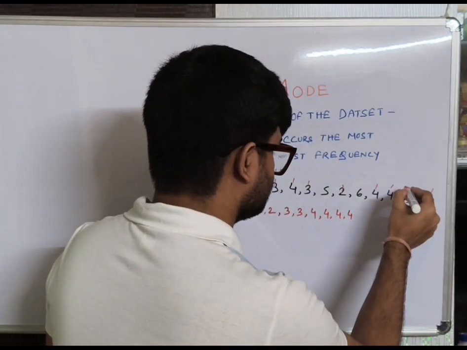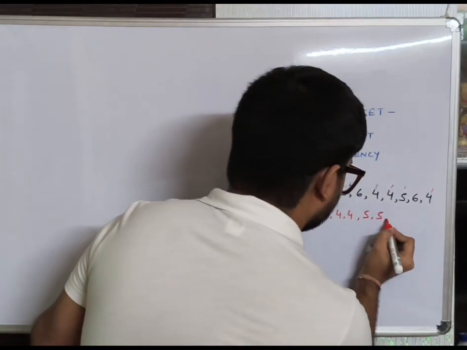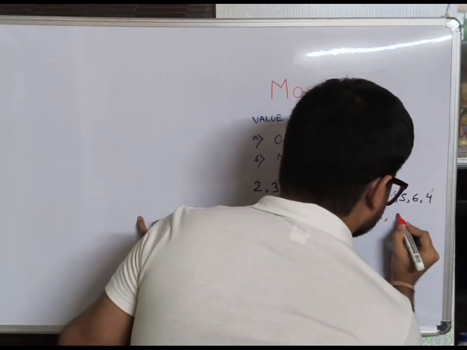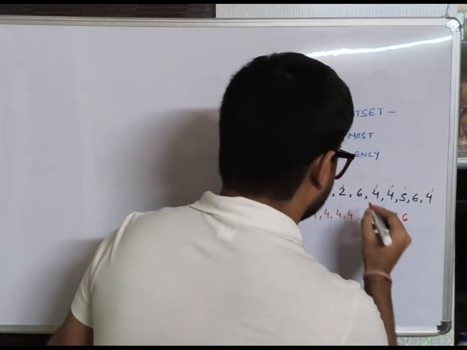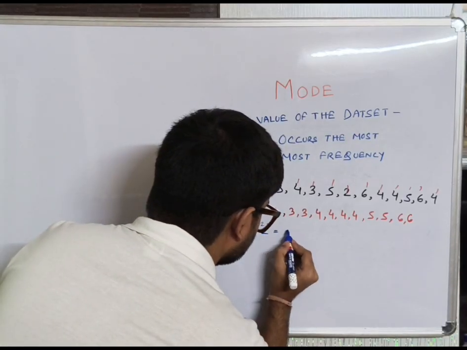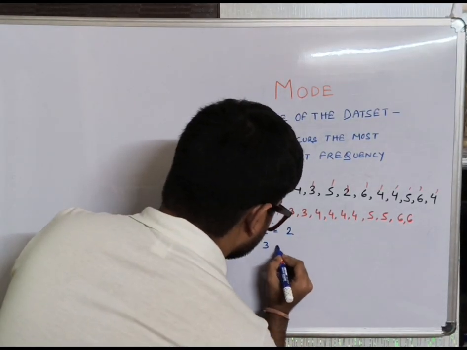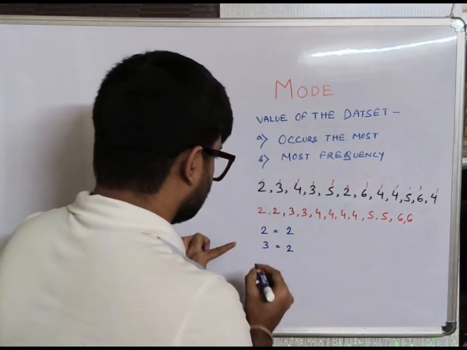After that there are two 5s, and then two 6s.